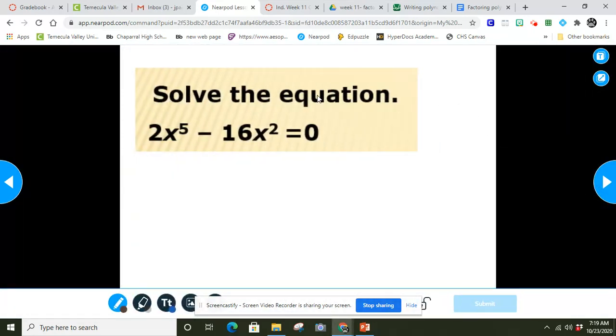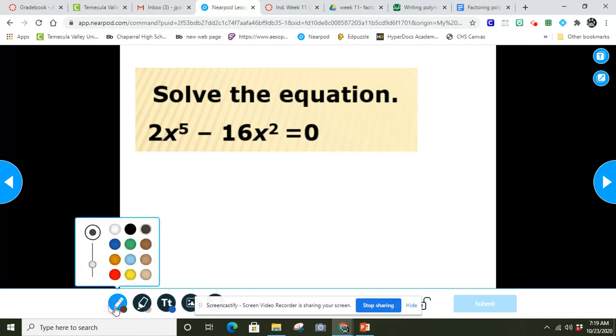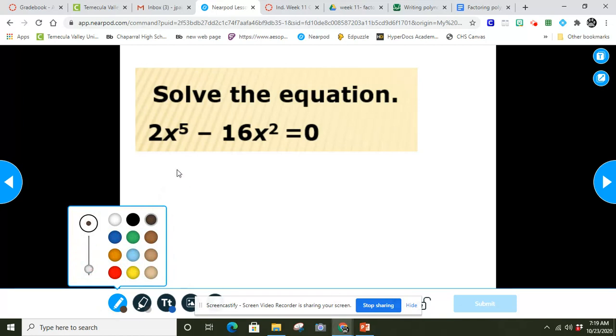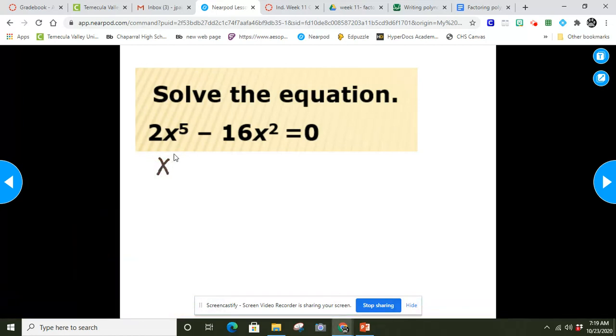All right, if I asked you to solve this equation, it doesn't look like the difference of 2 cubes, but it is. Why is it the difference of 2 cubes? Because always the first step is to look for a GCF. Right here, x squared will go into both of these, so I'm going to factor out a 2x squared.